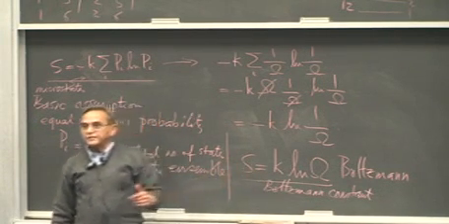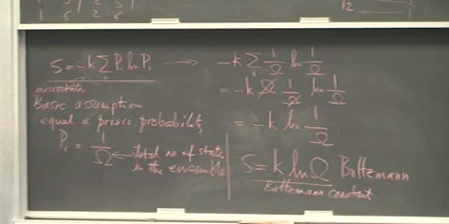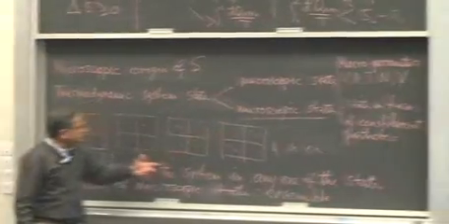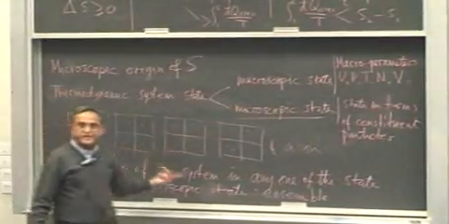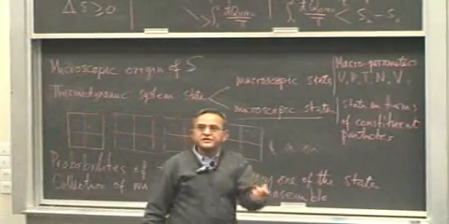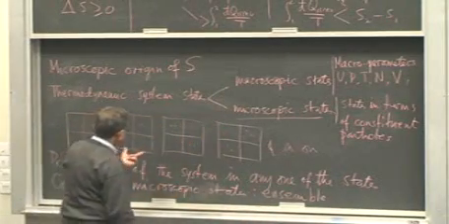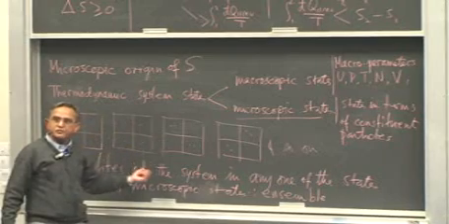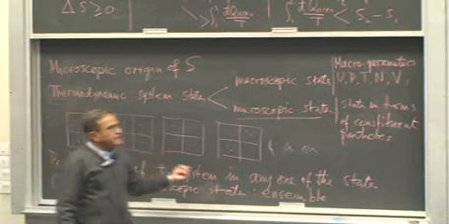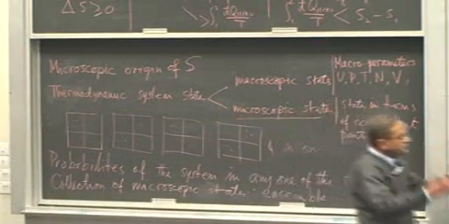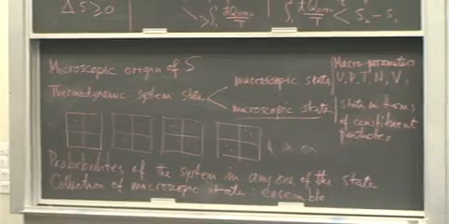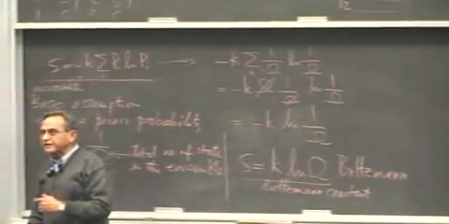All right? Because there is a large number of microscopic states, to say that the system is any one of them, the probability of that will become smaller and smaller, and hence there will be a larger uncertainty about things, and entropy is directly related to that.